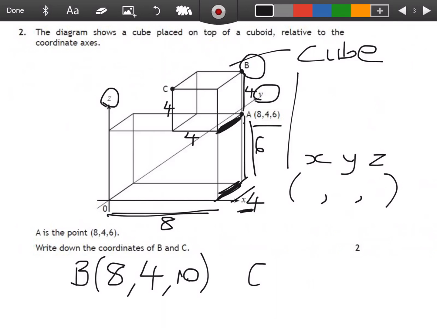We're also looking for point C. Your 3 values for point C. Where is C? Right, there's C over here. Right, across the way first. It's 8 across. No, it's not. It's 8 across to get to point A. But to get to point C, it's 4 back the way. So this distance is actually only 4. Point C is 4 along.